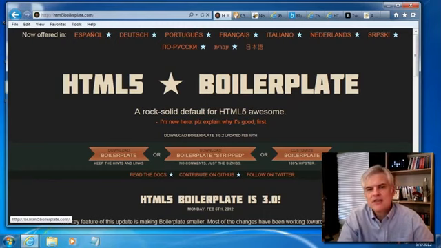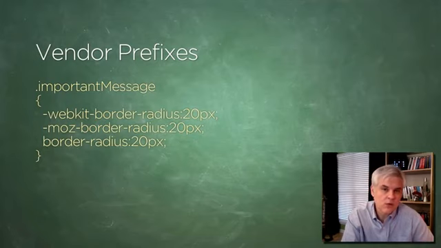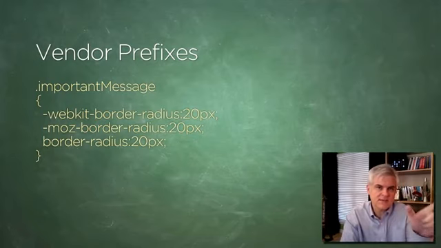Some vendors want to support a particular new and upcoming feature of CSS Level 3 right now, today, so they add their vendor prefix to that property and they support that property unofficially so that it allows web developers like you and I to get our feet wet, to try it out, and then provide feedback to the browser vendor.